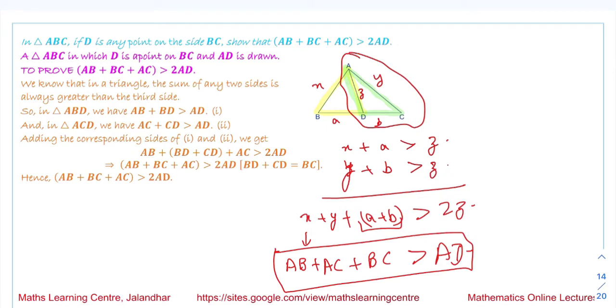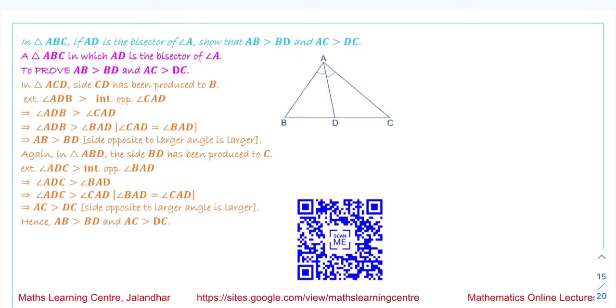In this question, a triangle ABC is given, and AD is the bisector of angle A. Suppose this angle is X and this angle is X. We are marking the other angles as Y, Z, T and W. What we have to prove is that the side AB is greater than BD.